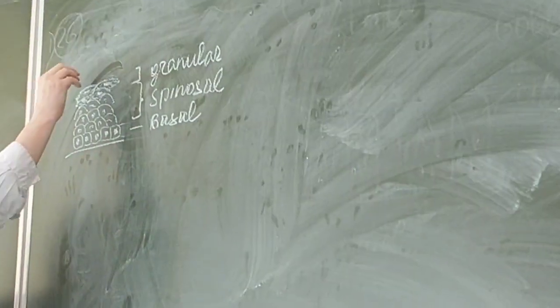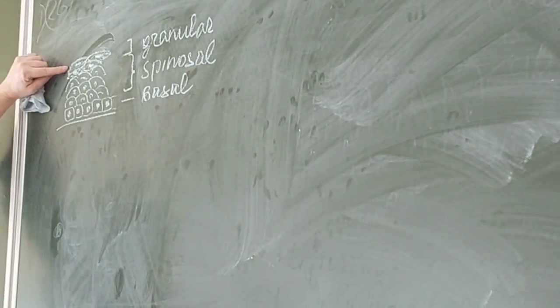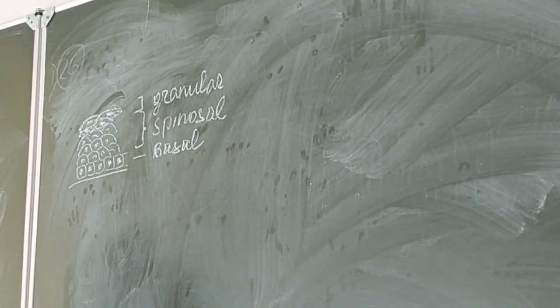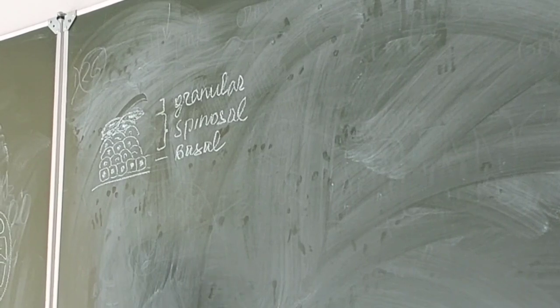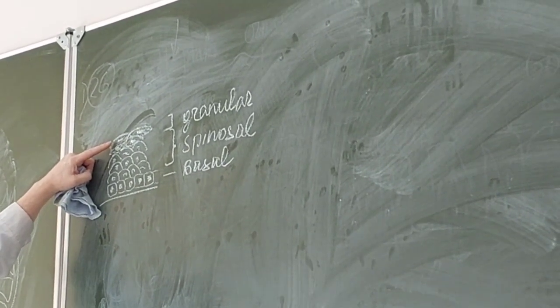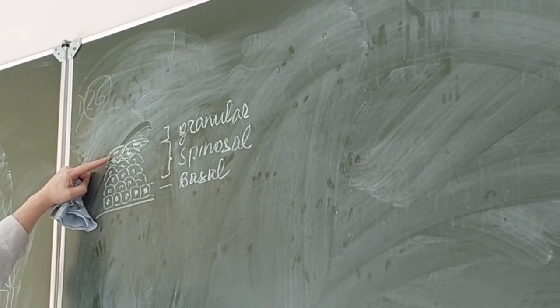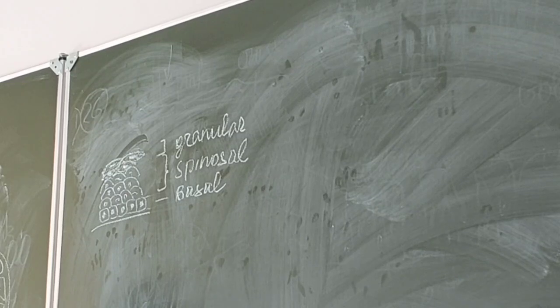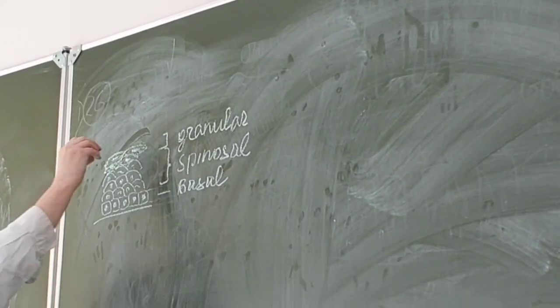Granular layer, and after that the cell dies and forms particles that are joined with each other by the material of the granules. This granule we name keratohyalin granules. They stick to each other, all this mass of the cell.